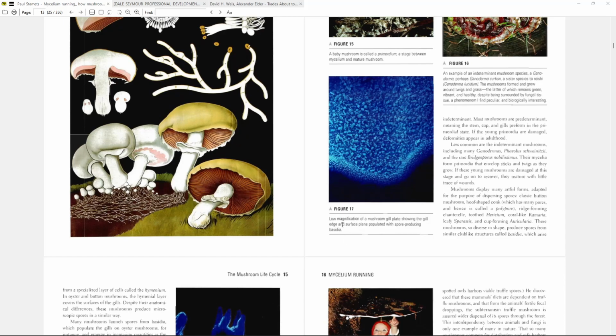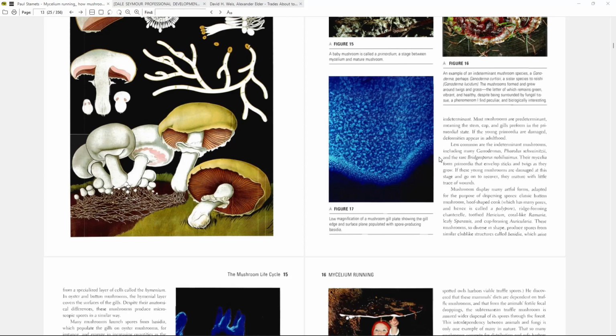Now, figure 17 is a low magnification of mushroom gill plates, showing the gill edges and surface populated. Less common are the indeterminate mushrooms, including many Ganodermas, Phellinus, and the rare Bridgeoporus.